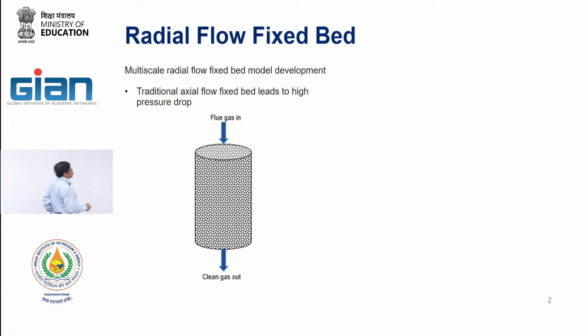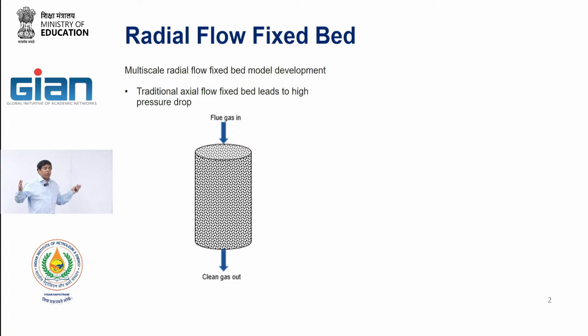So this is a typical axial flow type, where you simply think about the flue gas coming in and this gas goes out. The problem, as we are discussing here, is that the cross-sectional area is constant. It does not change with the length. And as a result, if you keep increasing the length, there will be more and more pressure drop through these systems.